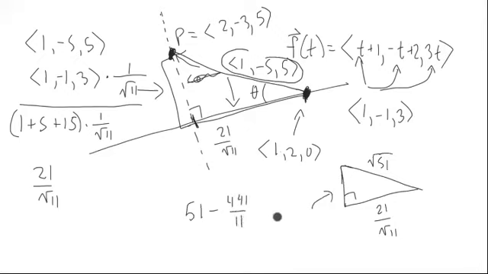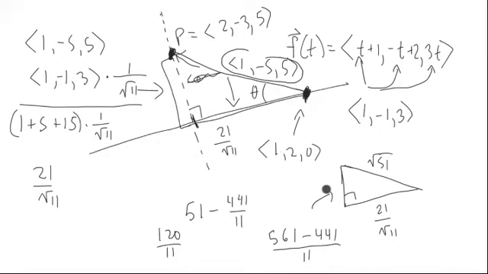Let me just double check that. 21 squared, 1 and 4 and 4, yes, so 441. Over 11, and then making that into one fraction, we have 561, because you multiply 51 by 11, minus 441, all over 11. So it looks like 120 over 11 is what we're getting.